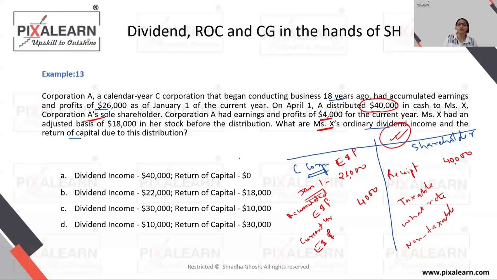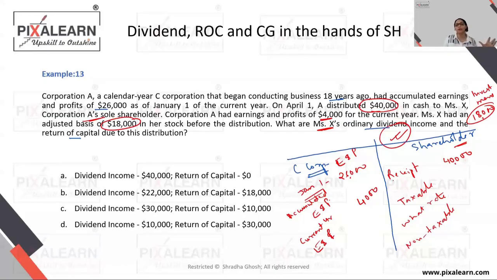Miss X had an adjusted basis of $18,000 in her stock before the distribution. So when I looked at Miss X's balance sheet, the amount of investment showing was $18,000. Why is this relevant information? Because the moment the distribution exceeds 18, I know that it is capital gains. It is not return of capital.